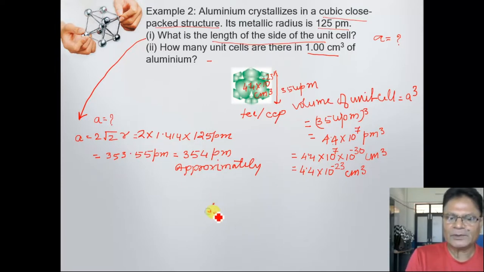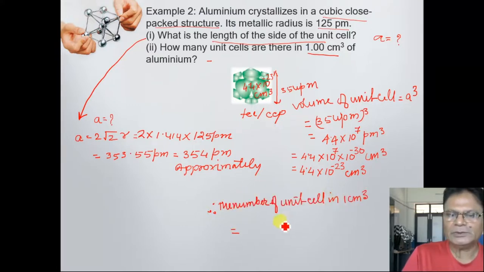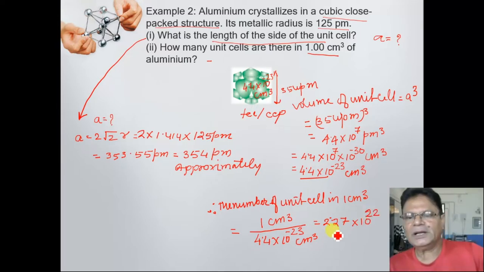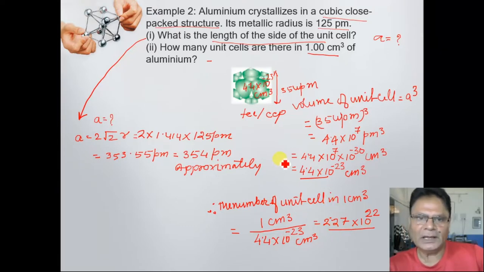Therefore, the number of unit cells in 1 centimeter cube is equal to 1 centimeter cube divided by this volume, 4.4 into 10 to the power minus 23 centimeter cube. This is equal to 2.27 into 10 to the power 22. So there are these many number of unit cells in 1 centimeter cube of aluminium.